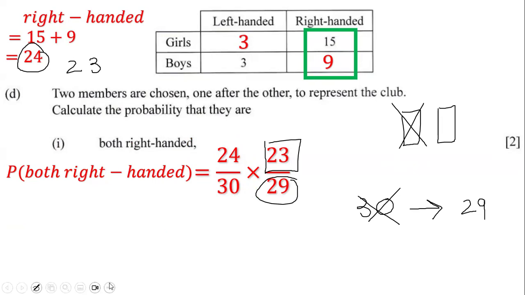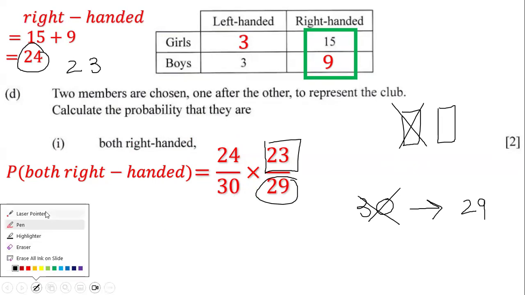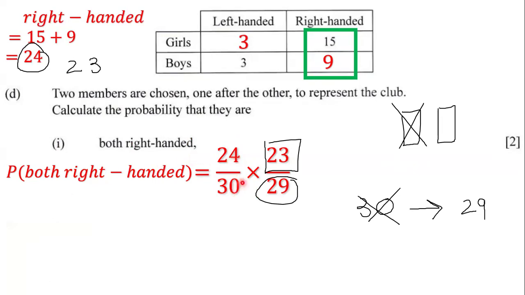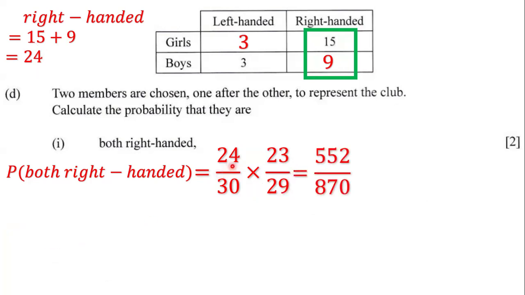So the probability of both right-handed is going to be 24 over 30 multiplied by 23 over 29. Next, we have to multiply. So we have 24 multiplied by 23, and that gives us 552.